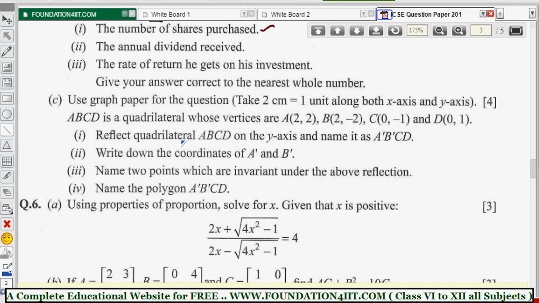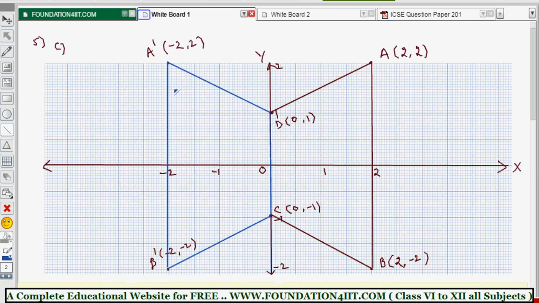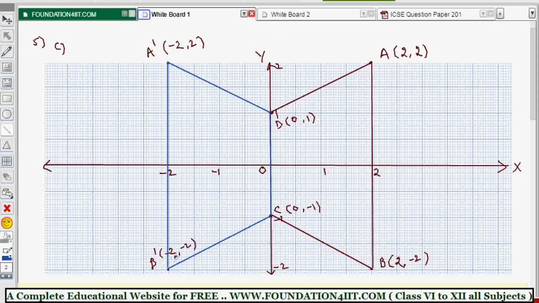Reflect quadrilateral ABCD on the y-axis, name it as A dash, B dash, C, D. Write down the coordinates of A dash and B dash. Okay, already we have written: A dash is minus 2 comma 2, B dash is minus 2 comma minus 2.